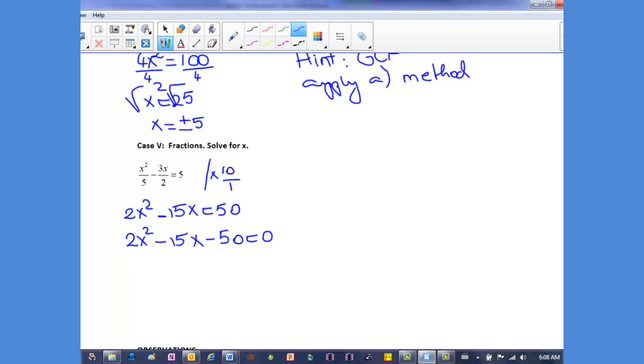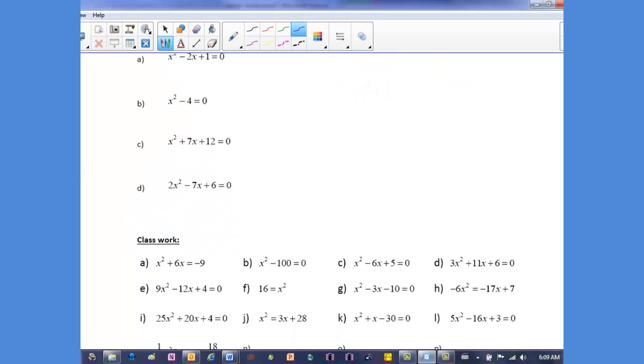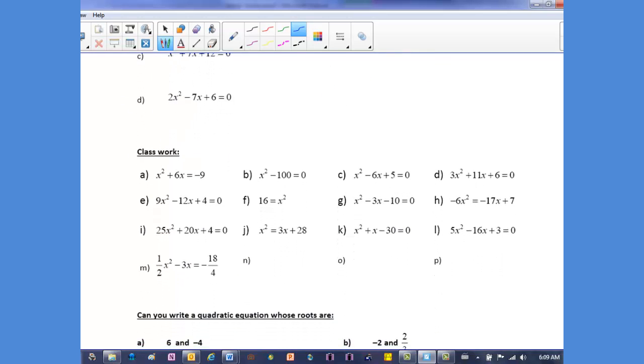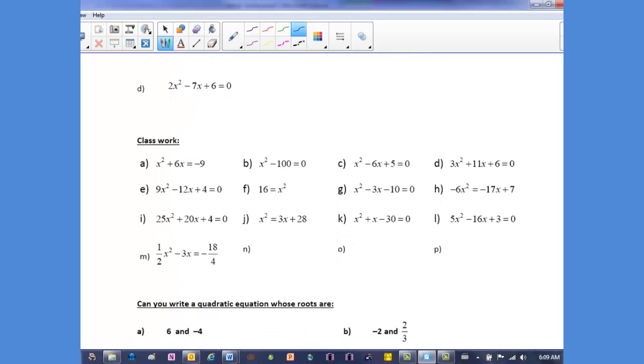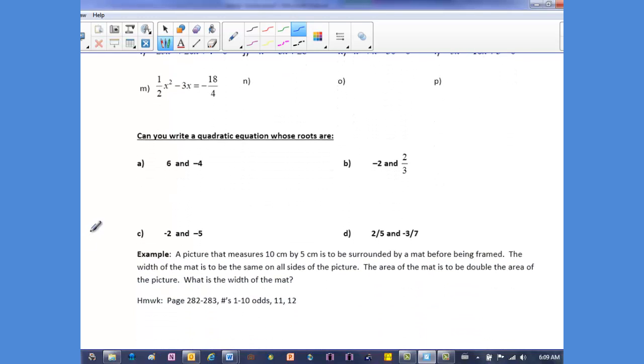On page 3, I have a few more examples that we were supposed to complete in class. I do want to take up the last bit of the lesson plan, which was, if a question gives you the roots of a quadratic equation, how are you going to find the quadratic equation, the standard form, or factored form, or vertex form? Well, remember where the roots are coming from.